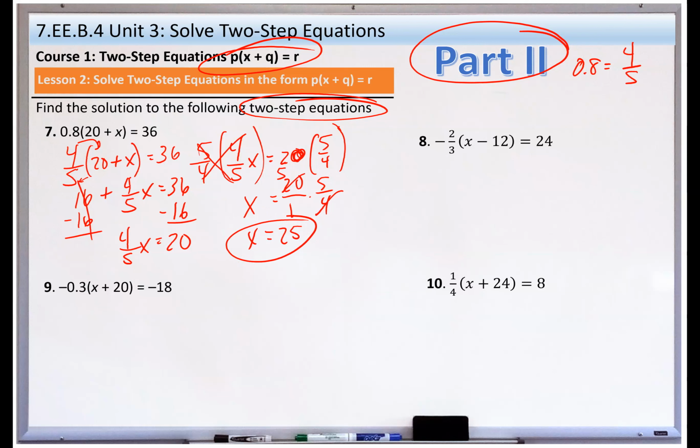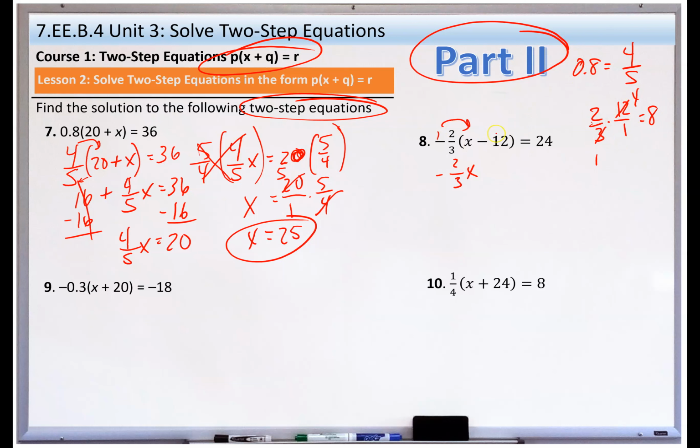I don't think I have any knowledge checks on this page, so we'll go ahead and go through this. So we're going to distribute the negative 2/3. So I have a negative 2/3 x equals. Now I'm going to do this one the long way for you on the side. 2/3 times 12, simplify the 3 and 12 by 3, I get 8.